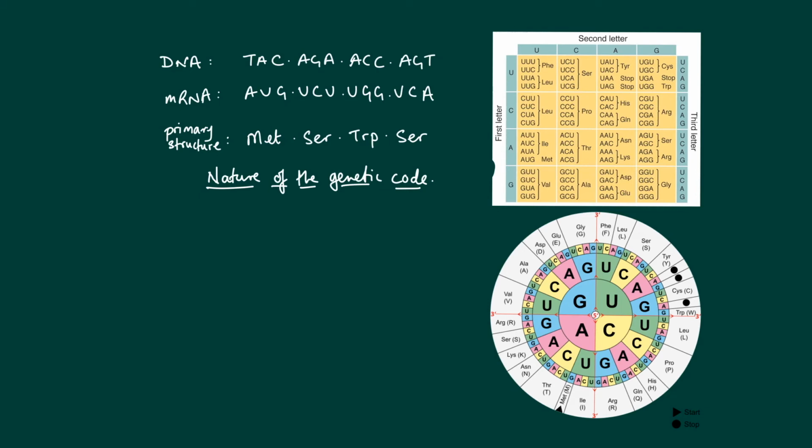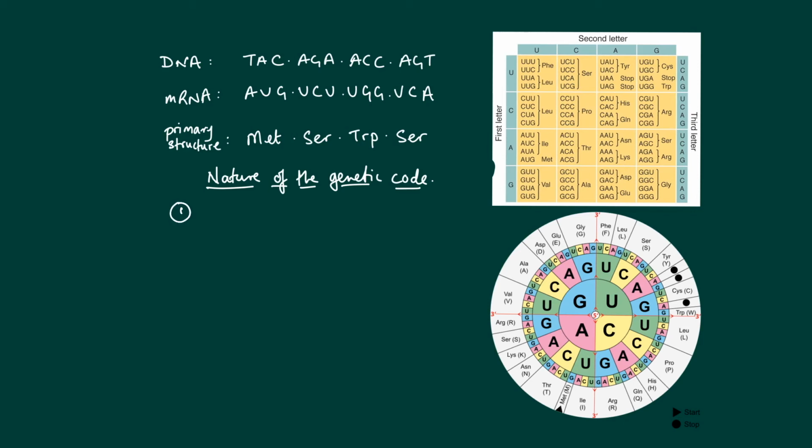First thing is, because we've got 4 codons, 3 times 4, we've got 12 bases, and 12 bases give us 4 amino acids. So what does that tell us about the genetic code?